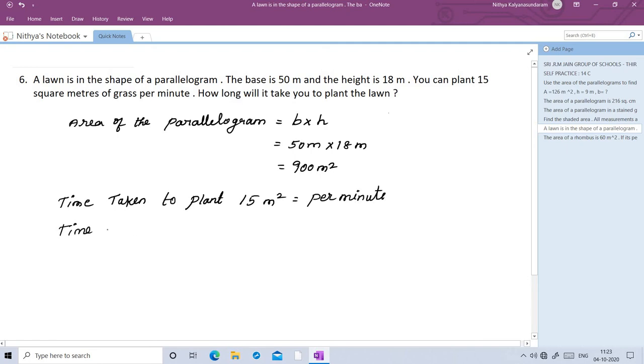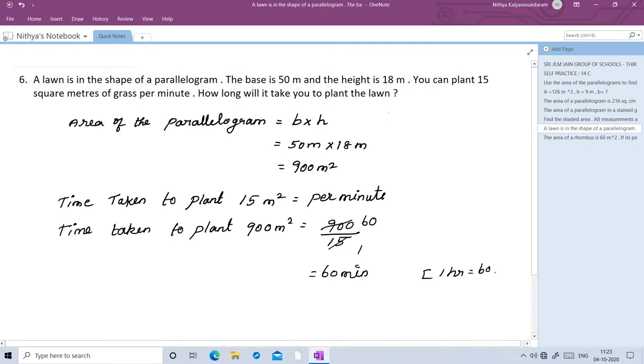We want to calculate the time. Time taken to plant 900 square meters is 900 divided by 15. The 15 table, we can cancel: 60. So it's 60 minutes.